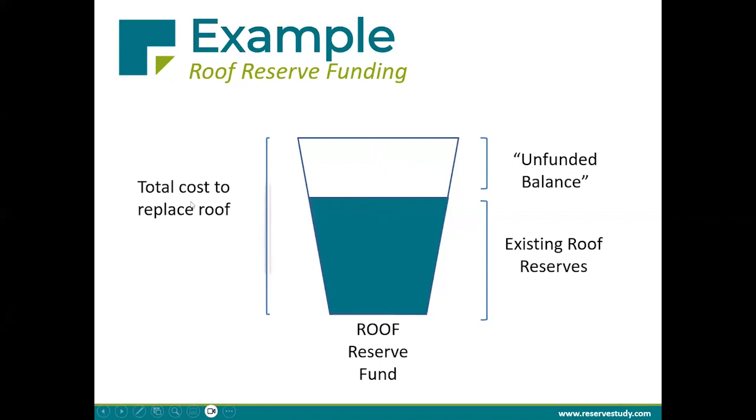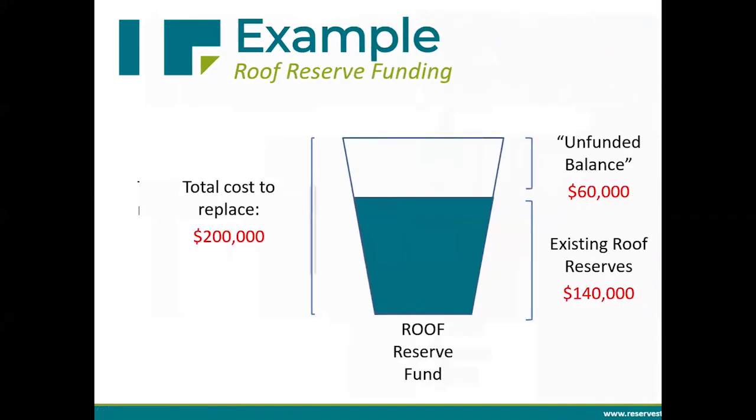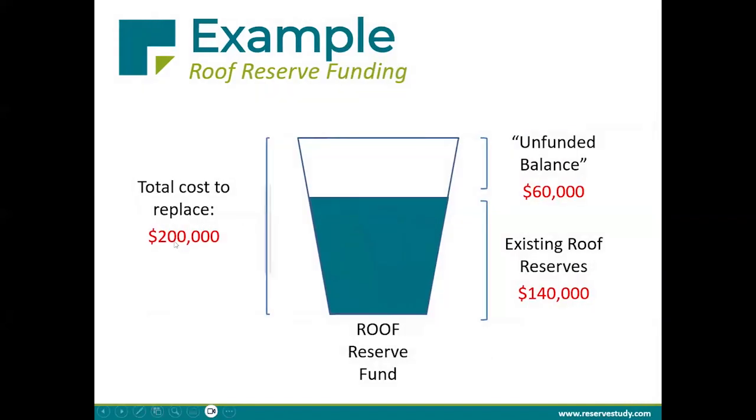It's just the difference between the cost of replacing the roof minus the money you've already got in the bank, okay? So if we put some numbers to it, let's say that the cost of replacing this roof is $200,000. At this point in time, there's $140,000 in our roof reserve fund. So the difference, 200 minus 140, is $60,000.